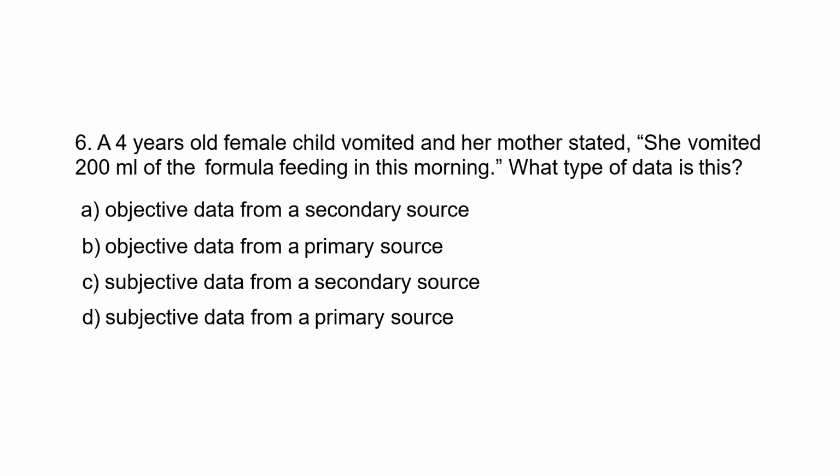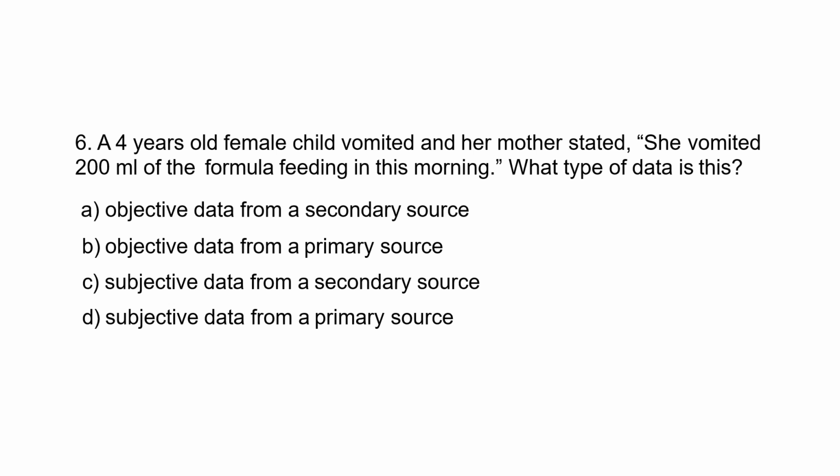Before answering this, we should know what is subjective data and objective data. Subjective data is the information that we collect from the client itself, one's own view. Those are their feelings or perceptions or any concerns that we get. For example, pain. The patient will say, I am having pain.